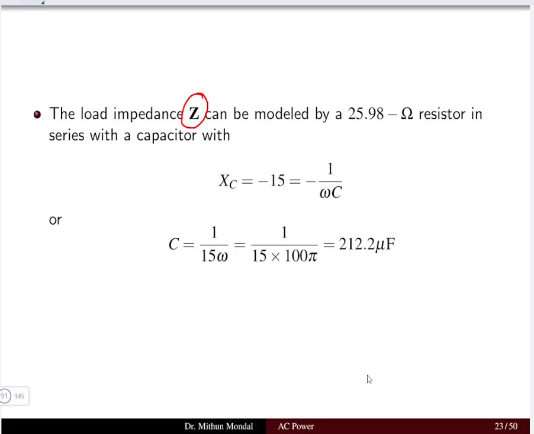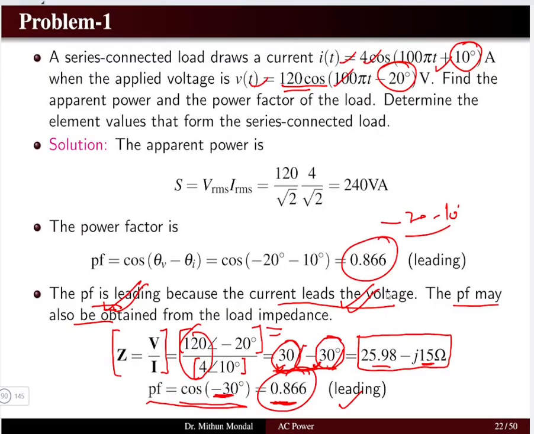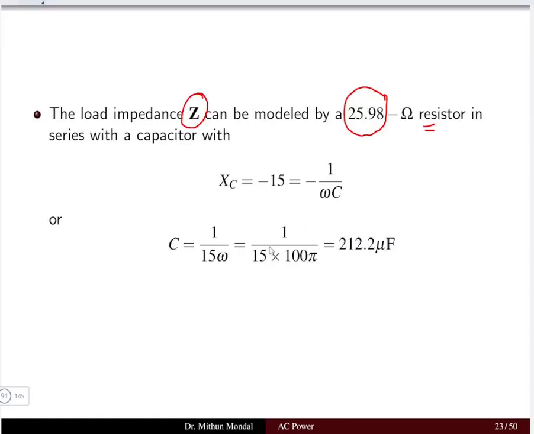Now from there we can say that 25.98 is basically a resistor, whereas the capacitor, because here you have a negative sign, indicates that this 15 ohm is coming from a capacitor. So the capacitive reactance is equal to minus 15, which you can write as minus 1 by omega C, because you know that the capacitive reactance is equal to 1 by omega C.